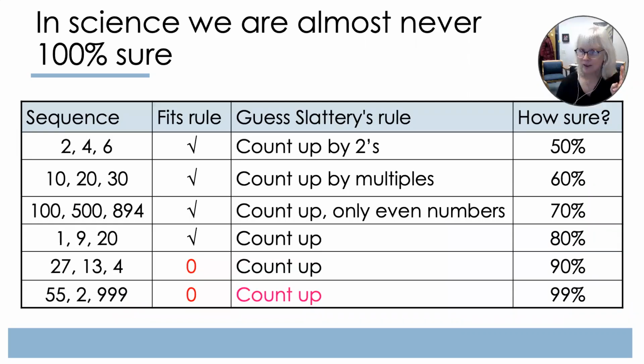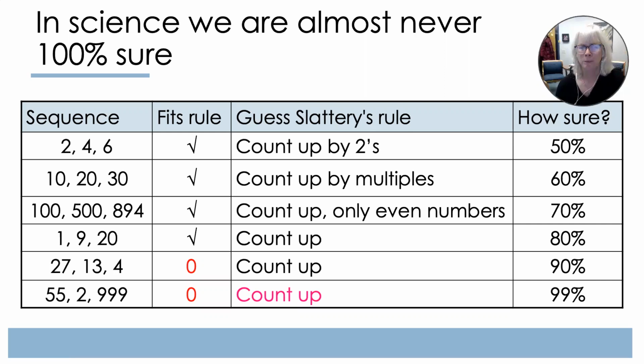The second thing here is that we are almost never 100% sure. So we start by making a guess or a hypothesis, and then really should be testing it. So initially, our initial hypothesis is count up by twos.